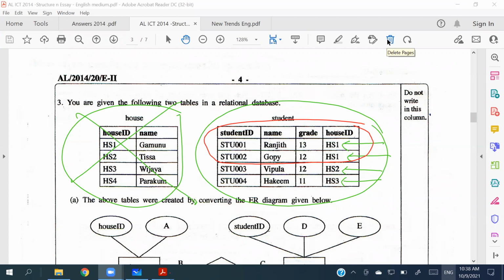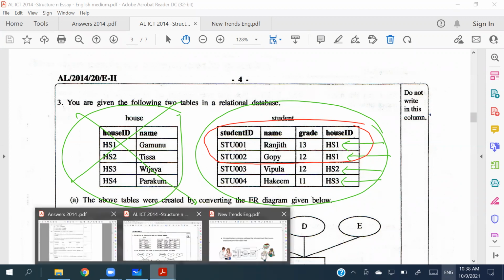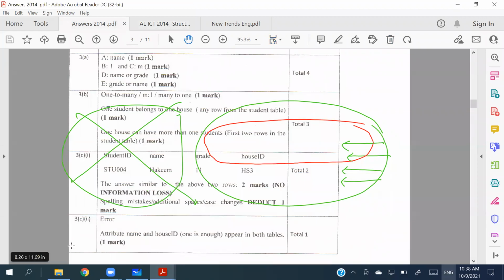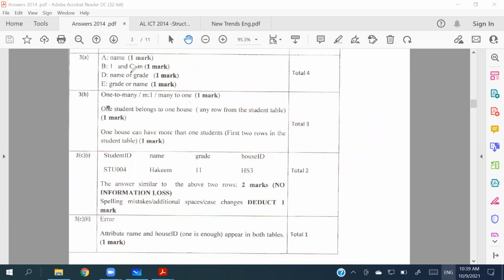Don't go for a summary. Yes, there is a risk to it. There is a possibility that you can lose 1 mark, right? Got it? Right.